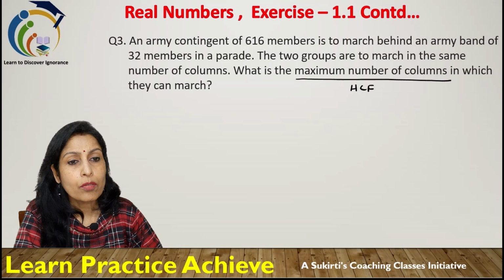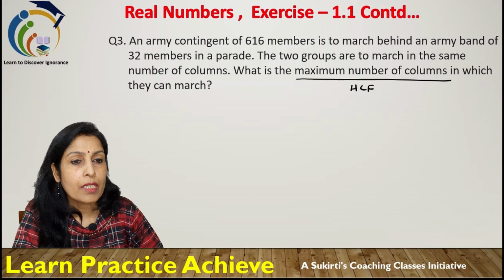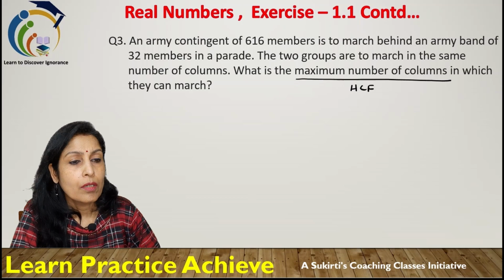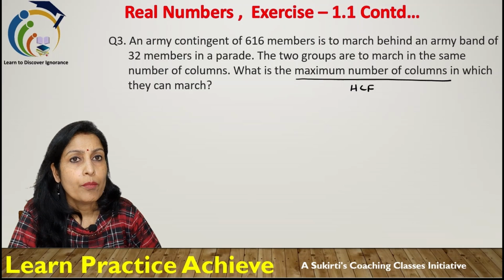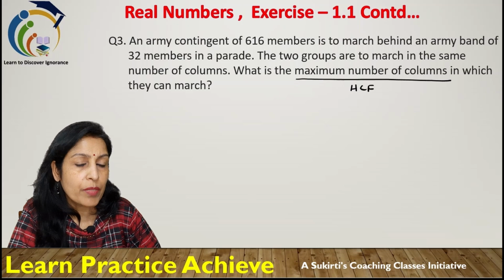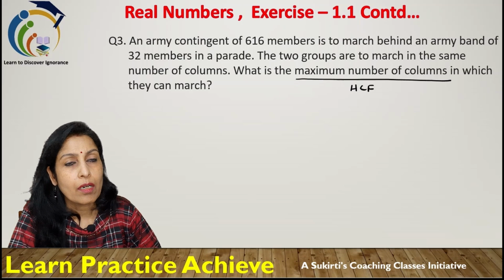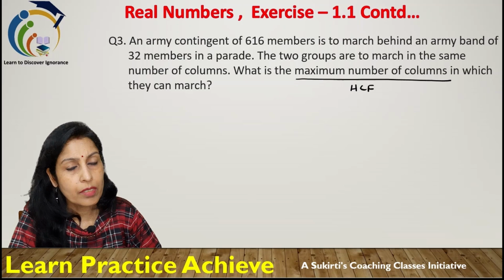Now first we have to find out the two numbers from which we will take out the HCF. So the numbers are 616 and 32. Because 616 is the bigger number, it will be the dividend and 32 will be the divisor.